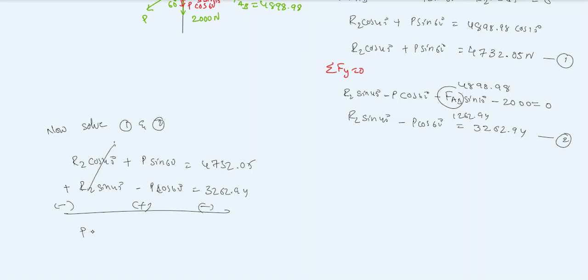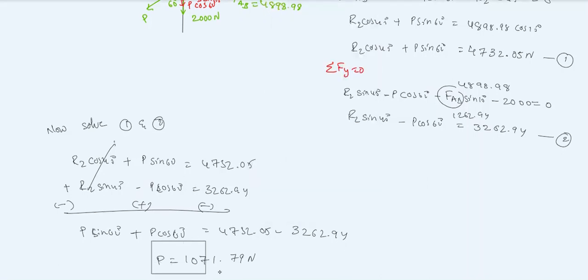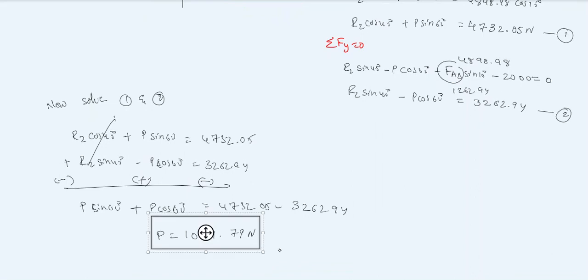So you will get P sin 60 plus P cos 60 is equal to 4732.05 minus 3262.94. So in this equation you will get the P value equal to 1071.79 Newton. This is the actual answer. This is the force required to keep the system in equilibrium.